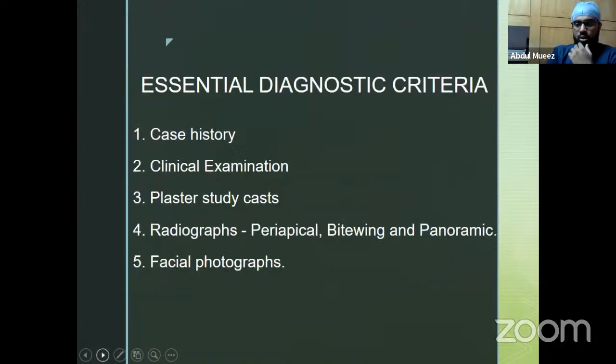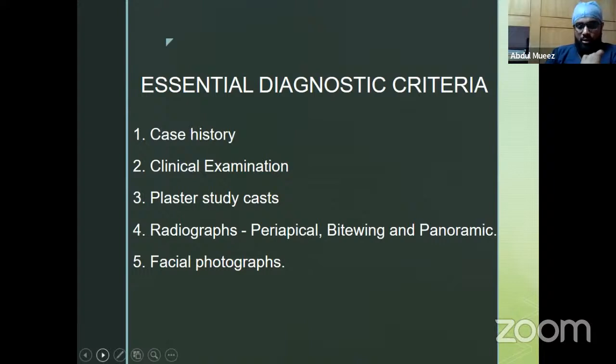To know the problem, you need to have basic criteria. I mean the basic stuff, such as you need to record the case history, do the clinical examination, prepare a plaster study model, and then have basic radiographs such as a periapical, if it is an endodontic case, or a bitewing, and a panoramic.